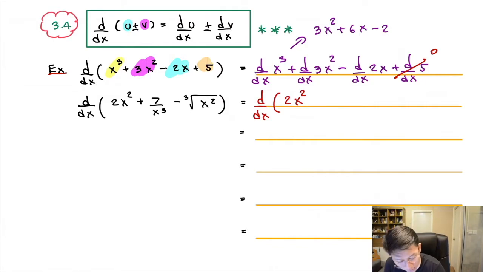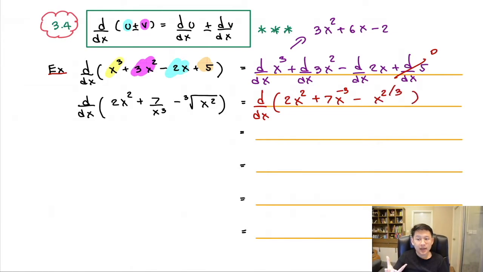Okay, so what I usually do is I'll just do it like this: plus 7x to the minus 3 minus x to the 2 divided by 3. x squared, and then you take the cubic root, which is x to the 2 divided by 3. Make sense? And then you differentiate it, right?